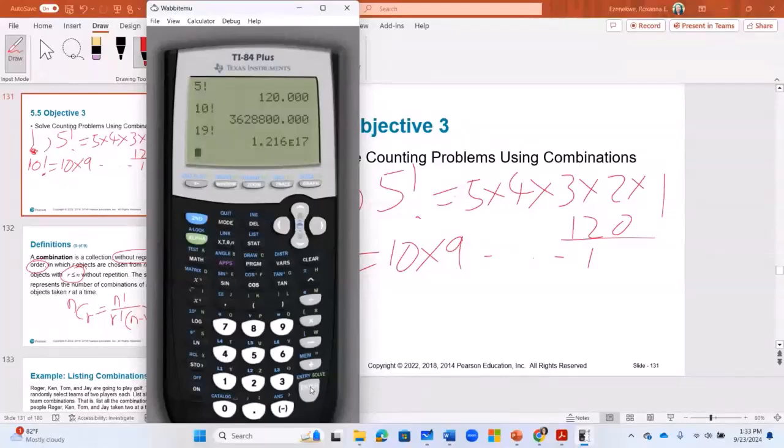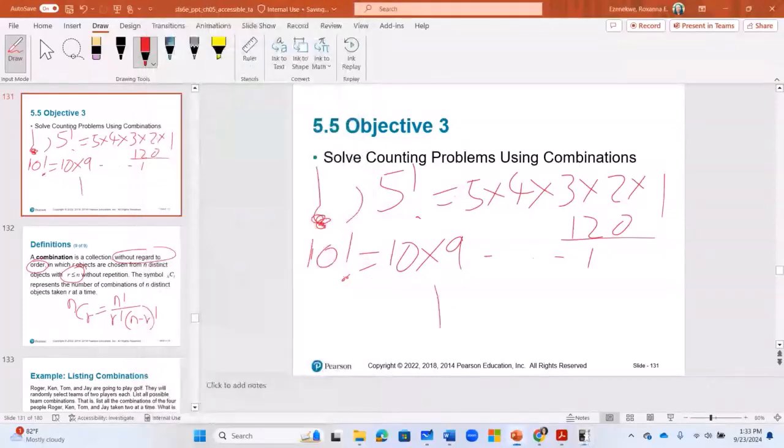I want you to know that this is scientific notation. So I can say 1.22 times 10 to the power 17. Why am I saying this?